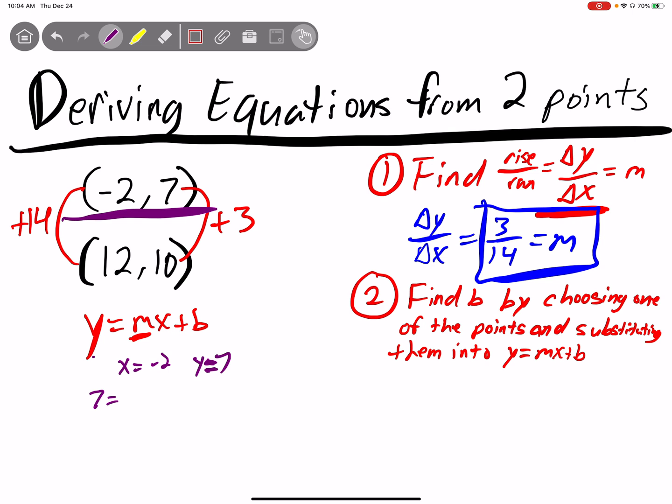We know m is 3 over 14. X is -2. And we don't know what b is because that's what we're solving for. So here we have a linear equation where we're going to solve for b. So as I do this, 3/14 times -2 gives me -3 over 7.